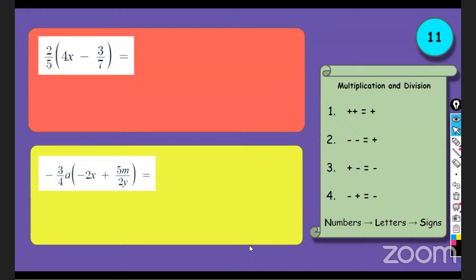First of all, when it's fractions and whole numbers, you'll realize in the first question, the red question, you have fractions and some values are whole numbers. Like the 4x, that's not a fraction, it's a whole value. And the 2/5 is obviously a fraction.